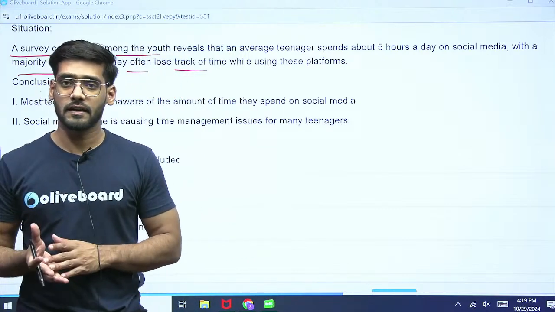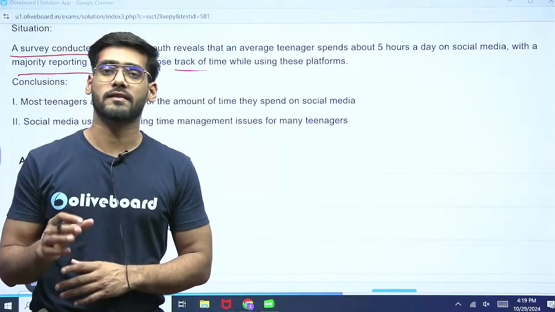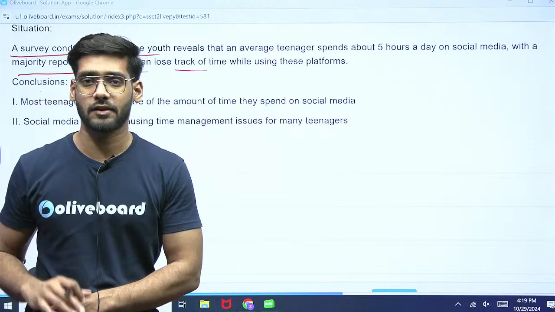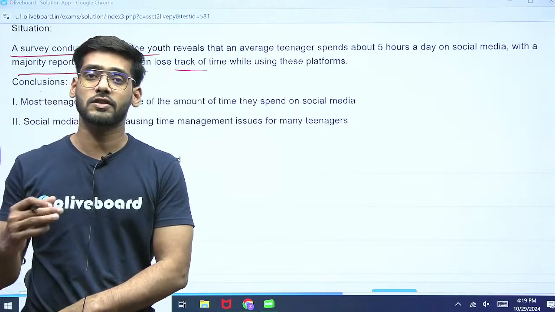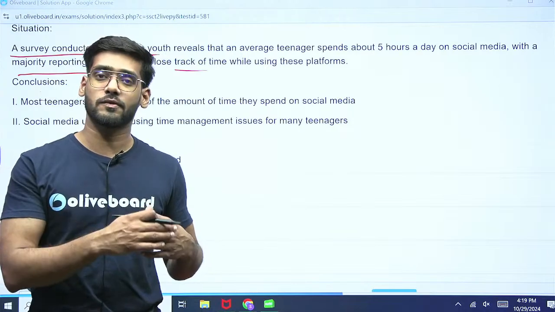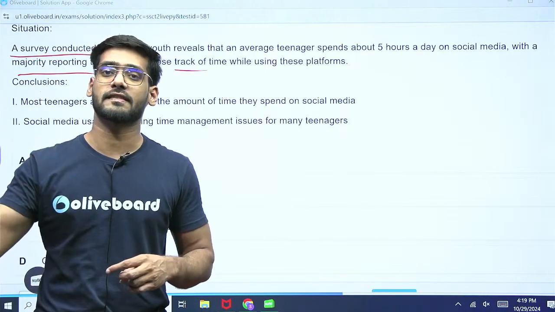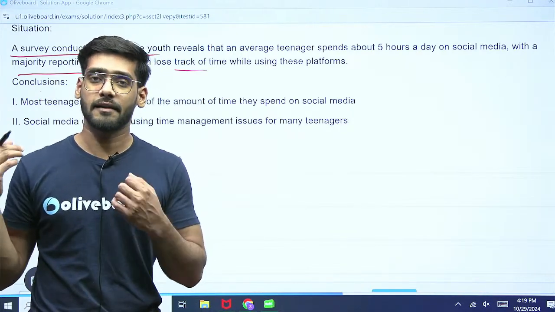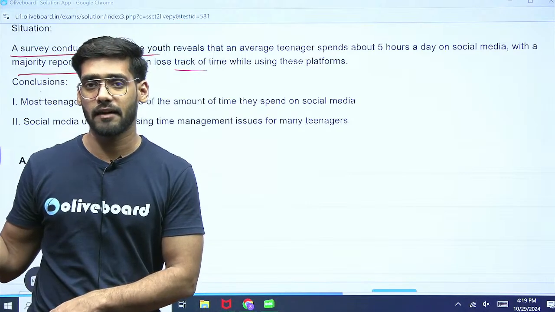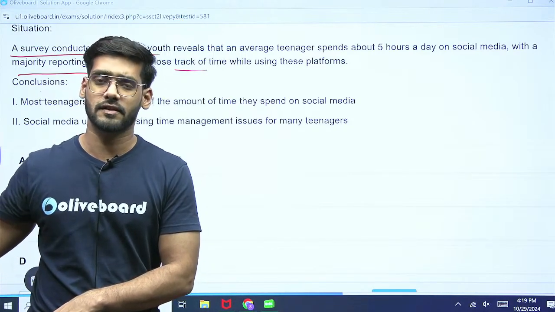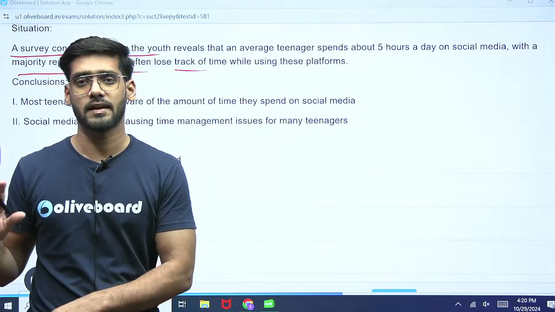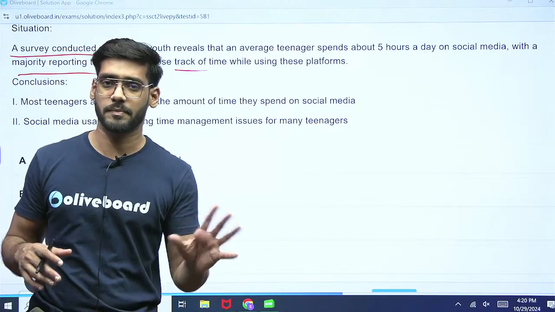Like they are using Instagram, WhatsApp, Facebook, YouTube, TikTok, Snapchat, whatever they are using, they often lose track of time. They use it continuously for 6, 7, 8 hours. They have a schedule that they need to study, but they have lost track of their time management.